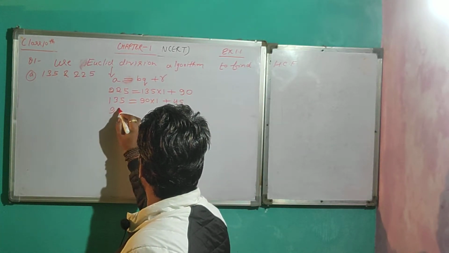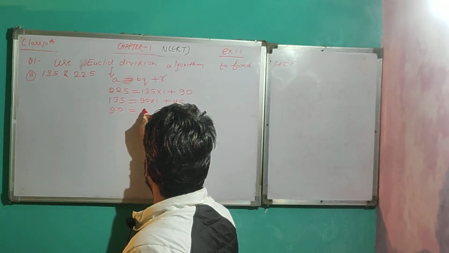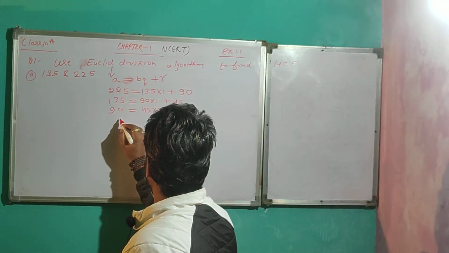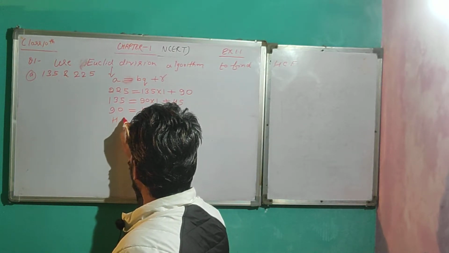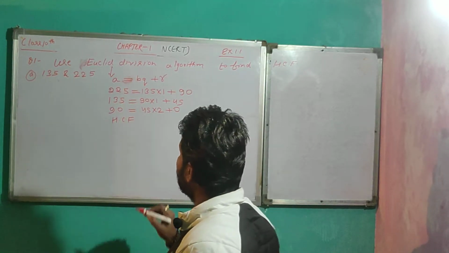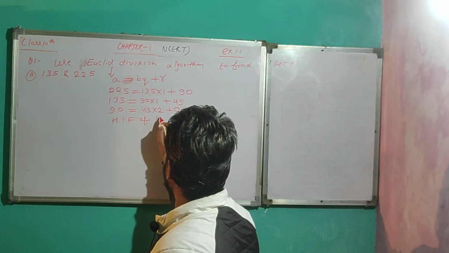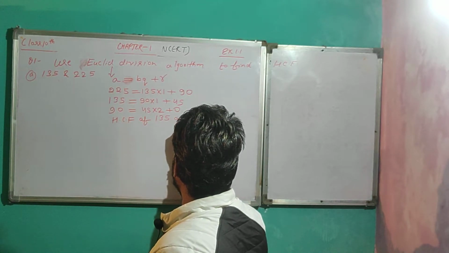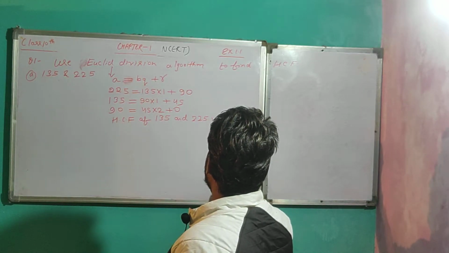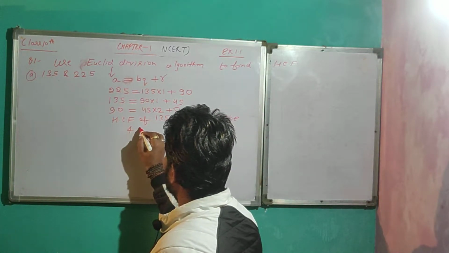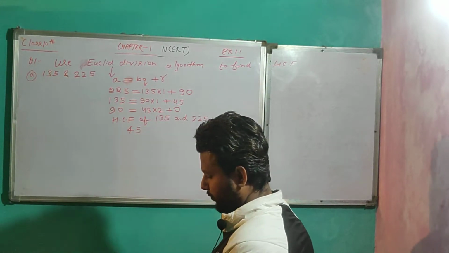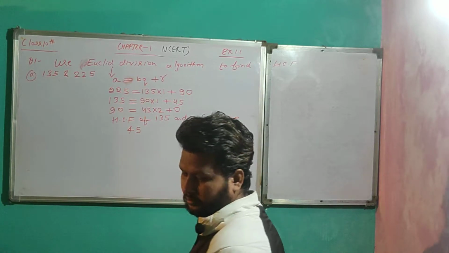Again, 90 is equal to 45 into 2 plus 0. Therefore, the HCF of 135 and 225 will be 45. Okay. Now the next question.